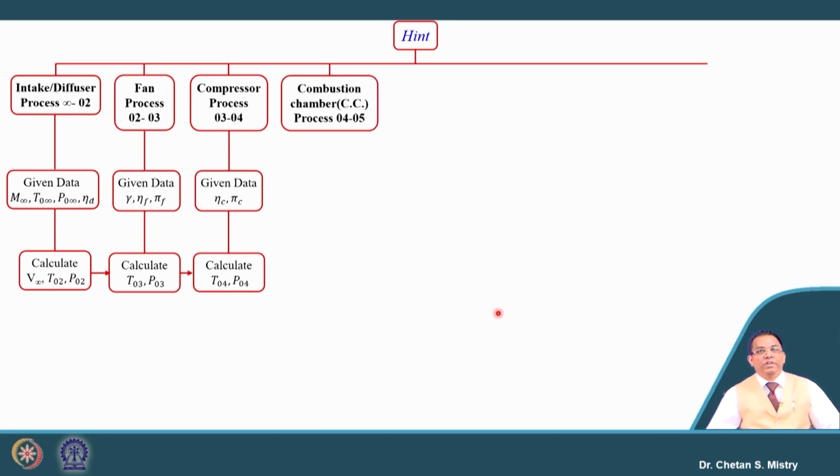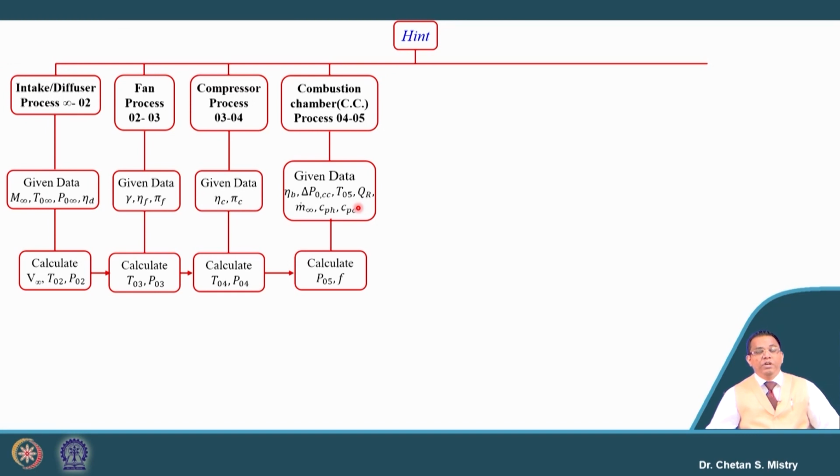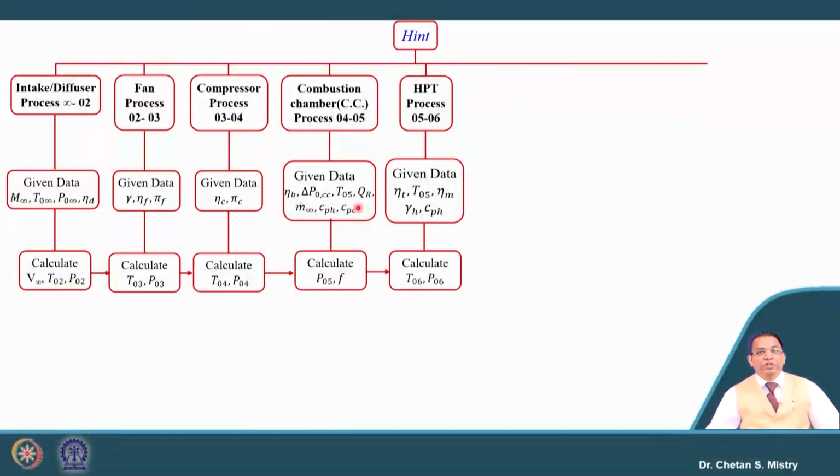Be careful. In the same way, here we have our combustion chamber. For this combustion chamber we will have a drop of pressure. We know our turbine entry temperature, calorific value, and burner efficiency. Based on that we will calculate the pressure and fuel air ratio. The next component is our HP turbine, and for the HP turbine the efficiency is given, mechanical efficiency is given, and the maximum turbine entry temperature is given.